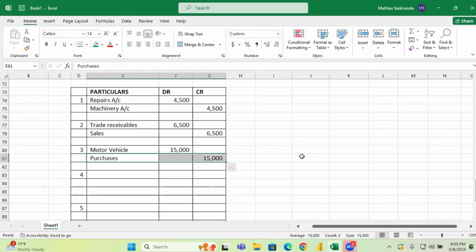Removing the 15 from the purchases, because purchases are debits. So when you are reducing them, you have to credit them. Then the debit in the motor vehicle, it is the right entry that you have passed. Then you have compared the debit and credit, and it's balancing. You don't have any difference. Therefore, no suspense.